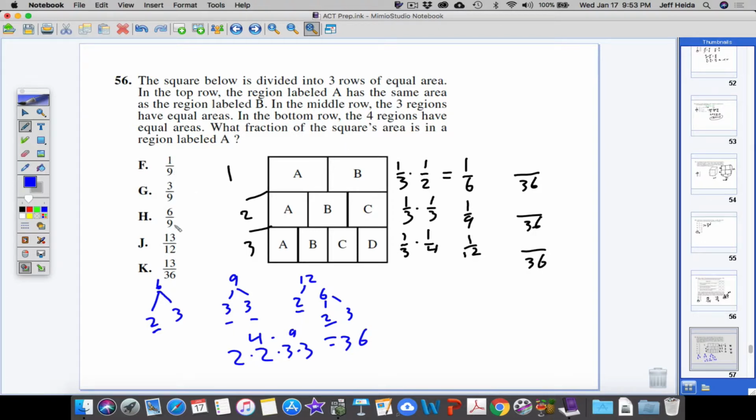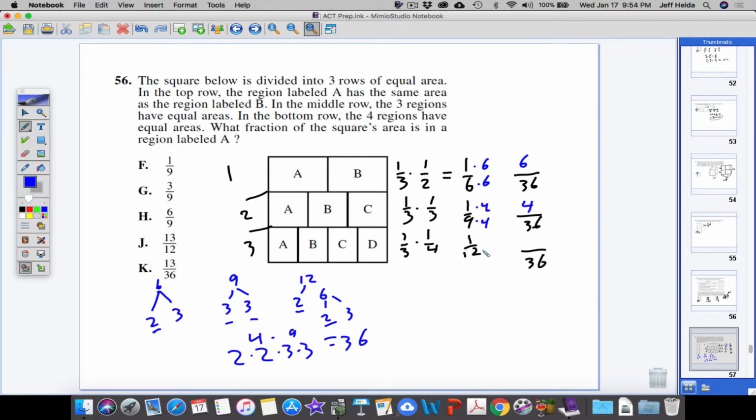And also, if you look over here at all of the possible answers, you know that 9 and 12 probably aren't going to be right, so 36. So what do you need to multiply 6 by to get 36? That would be 6, right? So that would be 6 over 36. 9 to get 36, that would be 4.